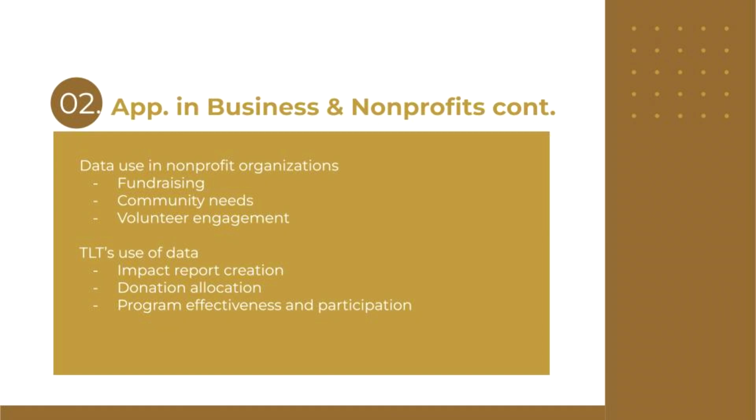And then data is also used to create the impact report, because within the impact report there will be areas such as donations, how much money was collected from each area, but also the impact of their programs such as the internship program, such as who comes from what area of Texas, and the overall hours spent into this program. So this overall just comes into program effectiveness and participation. So this gives an overview of how TLT's impact is on Texas.